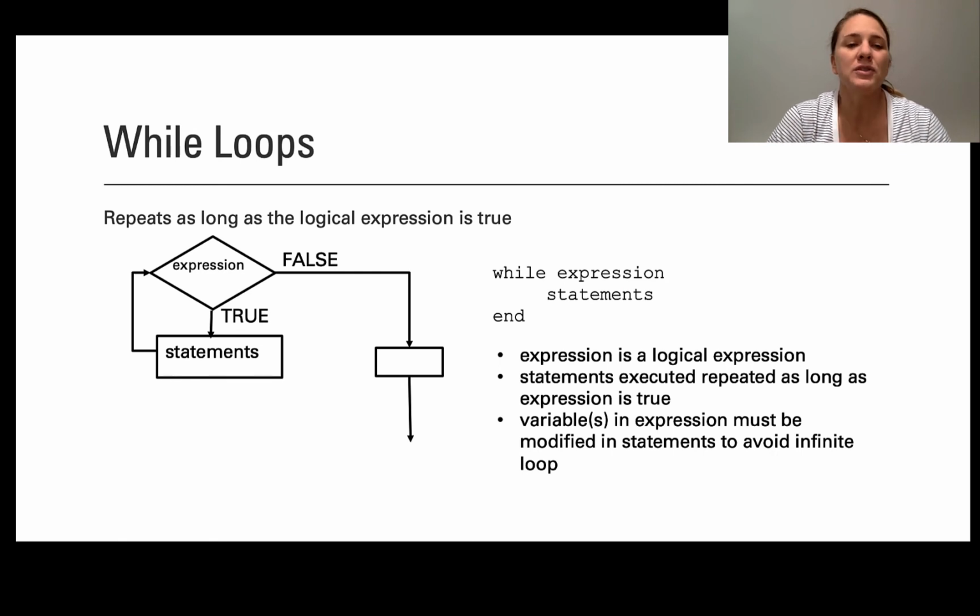So the variables in the expression must be modified in the statements in order to avoid an infinite loop. Two things here. Number 1, we want to avoid a situation where this just repeats because we're never changing the variables that are written in our expression. Additionally, we have to make sure that we initialize the variables in the expression before we make the comparison, or else it'll never be true, and then you're just going to skip this loop altogether.